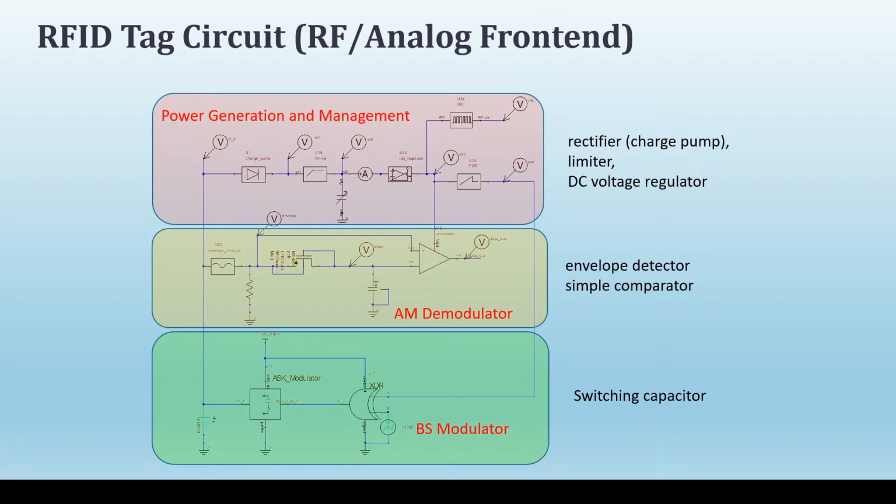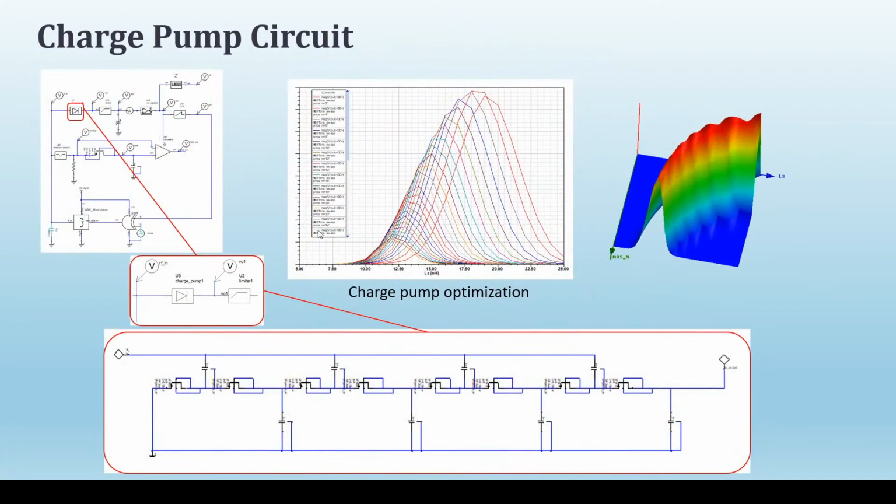Again, you can create the specific circuits, or you can use an ideal block, or you can import the SPICE analysis as a parameter file. So this is a typical design that we have. This is a charge pump, the rectifier, the charge pump design.